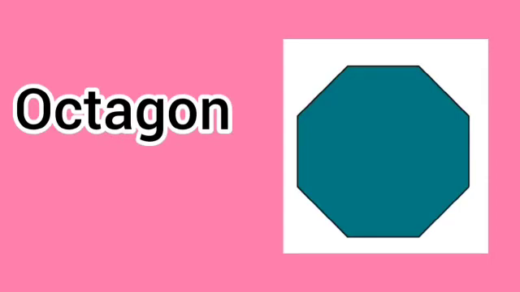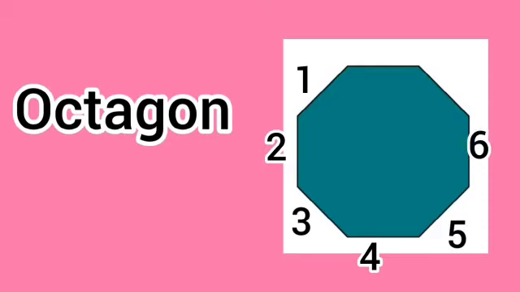Next we have octagon shape. How many sides and corners does an octagon have? Let's count. 1, 2, 3, 4, 5, 6, 7, 8. 8 sides.